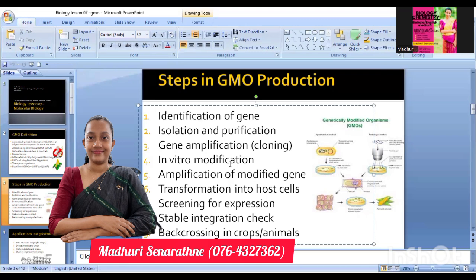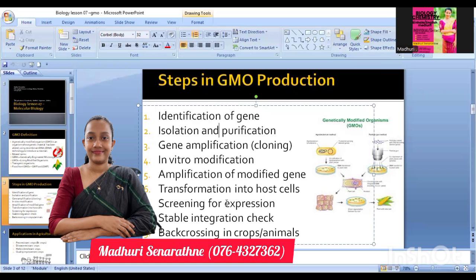The gene may then be modified in the laboratory if necessary. The modified gene is again multiplied. Next, it is inserted into host cells such as bacteria, plant cells, or animal embryos. This process is called transformation.